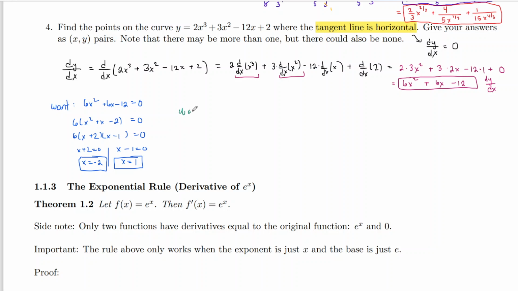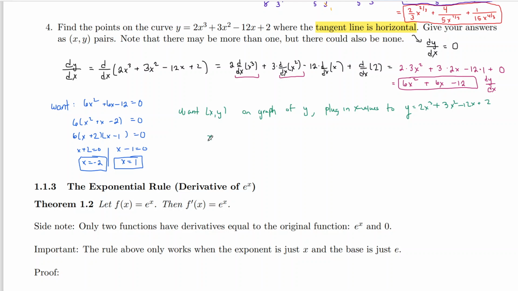Since we want xy on the graph of y, which is our equation here, we need to plug in x values to the y equation. y equals 2x cubed plus 3x squared minus 12x plus 2. If we plug in the x values here, then we'll be fine.